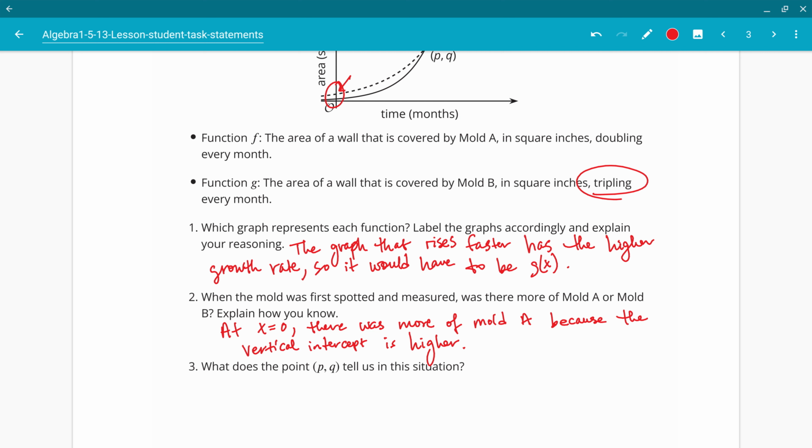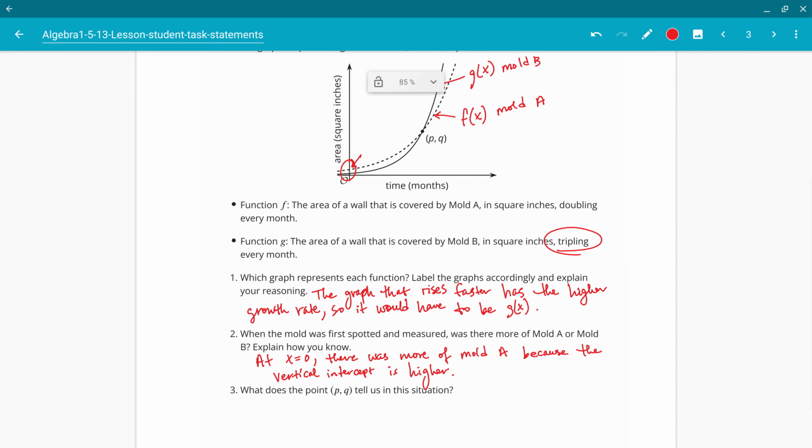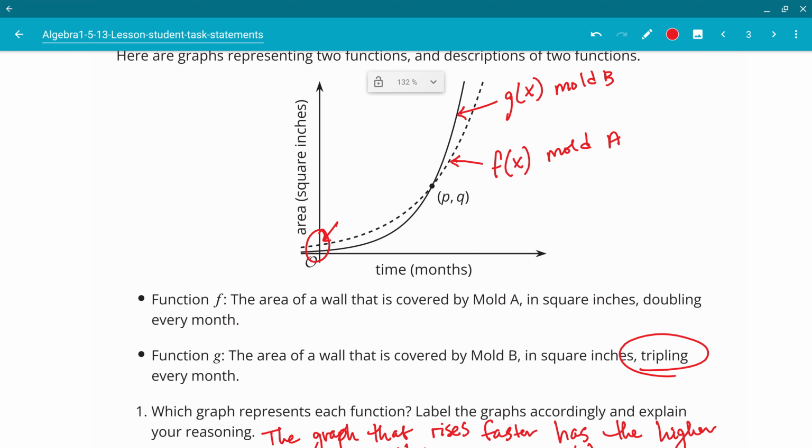Okay, what does the point PQ tell us in this situation? Well, if this is the point that's on both graphs at the same time, then this intersection point is going to be when both of the walls are covered in the same amount of mold.